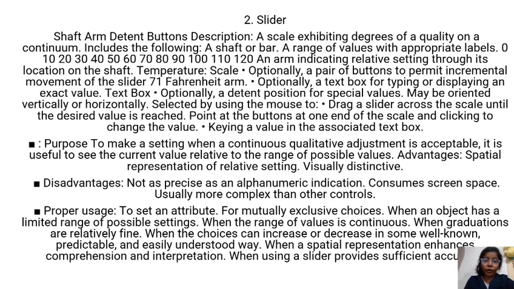When it comes to sliders, the description is a scale exhibiting degrees of quality on a continuum, including a track bar and range values with appropriate labels like 0, 10, 20, 30, 40 up to 120, or indicating relative settings, such as a temperature scale. Optionally, paired buttons permit incremental movement of the slider, and optionally a textbox for typing and displaying an exact value, and the textbox optionally detects the position for special values.